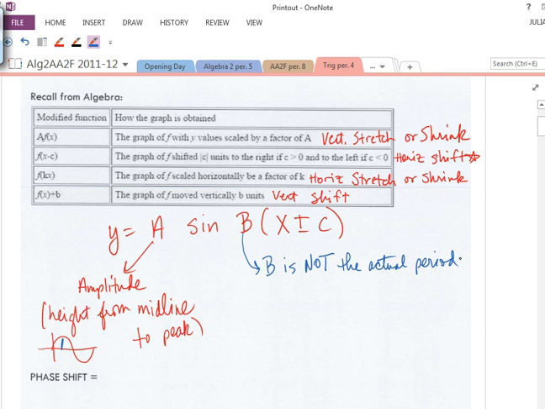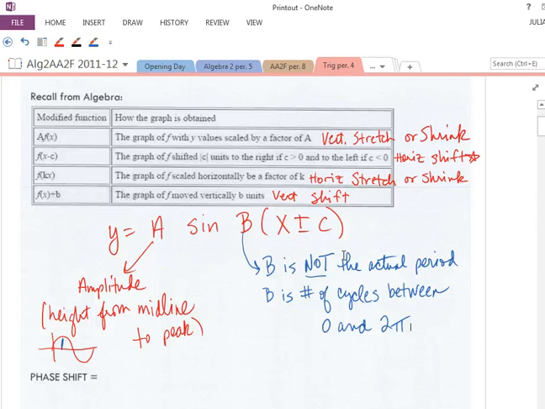B is the number of cycles, and by cycle we mean the shape, between 0 and 2 pi. B is the number of times the graph oscillates between 0 and 2 pi.